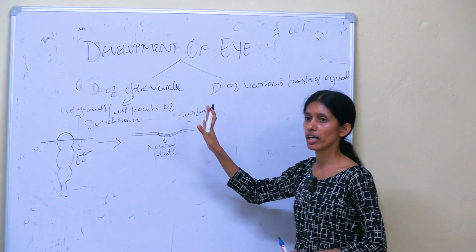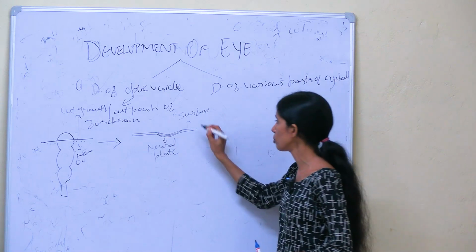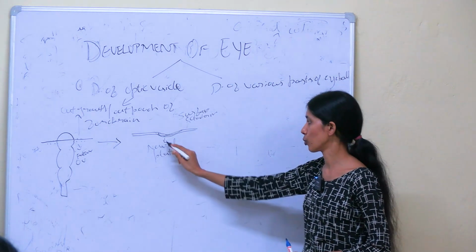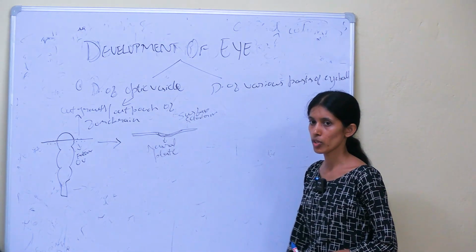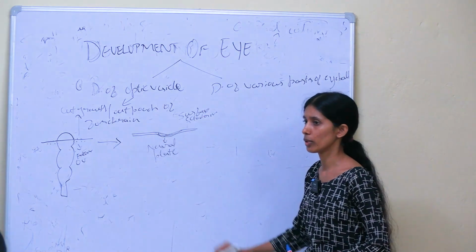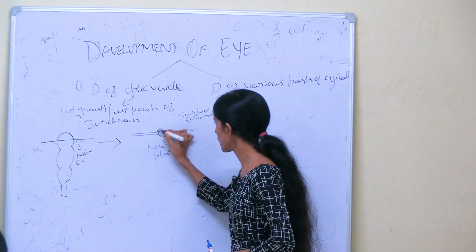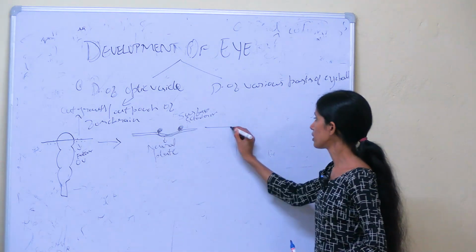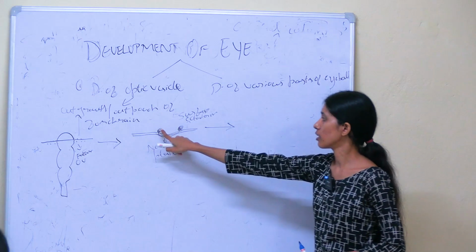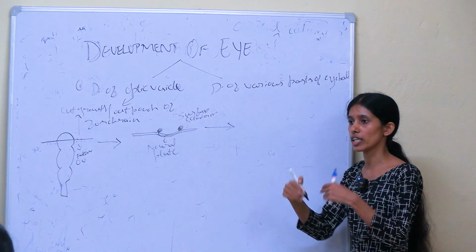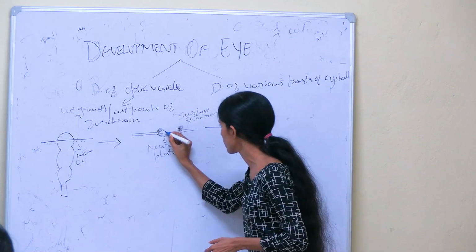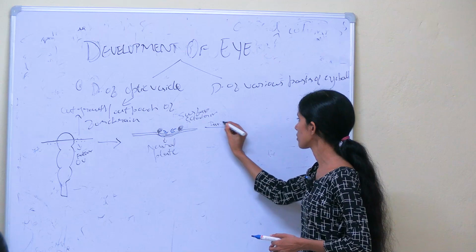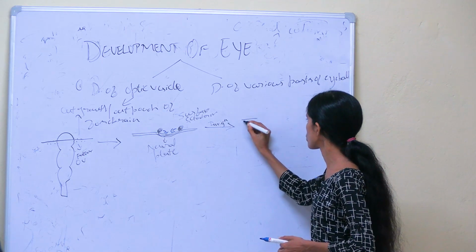If you remember what we discussed in the development of neural tube, these are the structures we discussed. On either side of your neural plate, we can see a mass of cells present as a thick structure. During the development process, these thick structures will start invaginating towards your neural plate side like this. Once the invagination takes place, this is how the structure will appear.